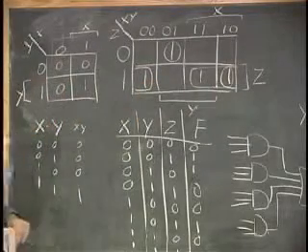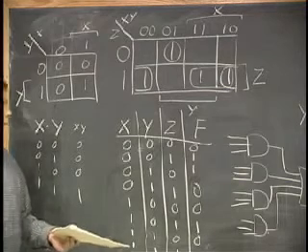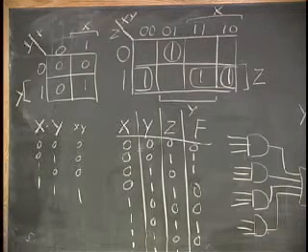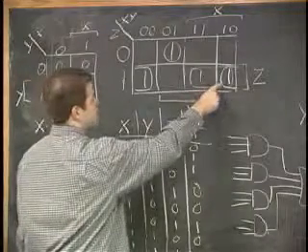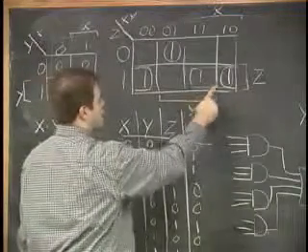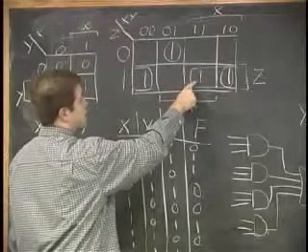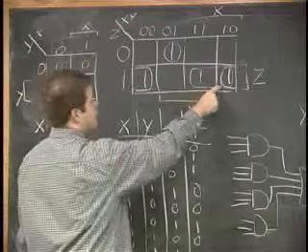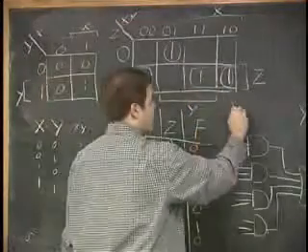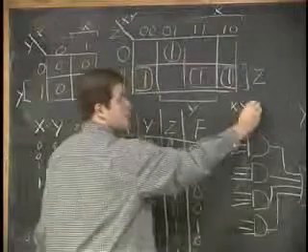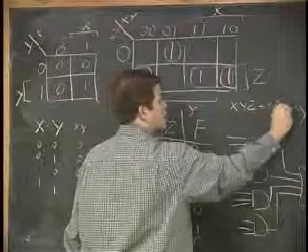Okay. So that's all well and good, but what does it mean? Well, let's think about it. Let's look at these 2 values. This one is x, y, z, and this one is x, not y, z. So we have x, y, z plus x, not y, z.